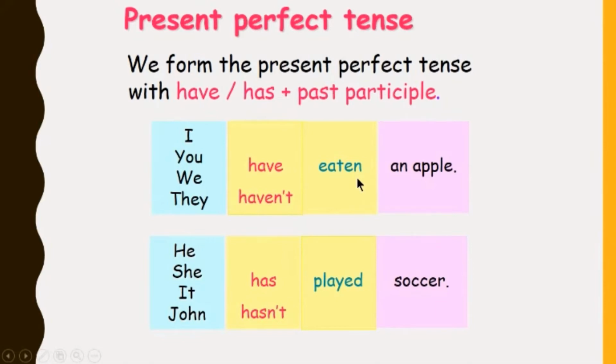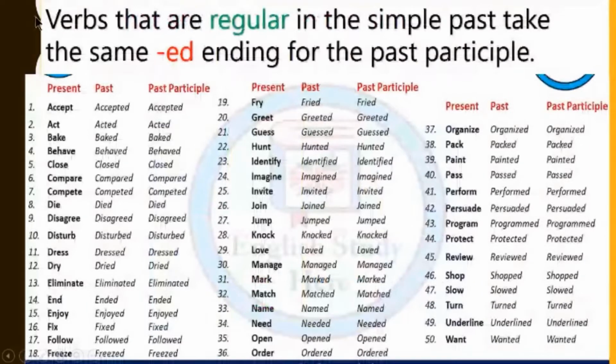Pay attention here. For example, you have verbs that are regular in the simple past that take the same ed ending for the past participle. With regular verbs, the past participle is ed, similar to the simple past. For example, you have accept, accepted.